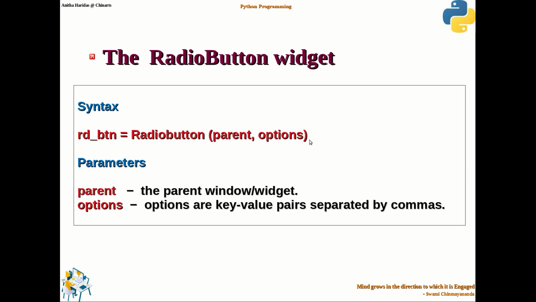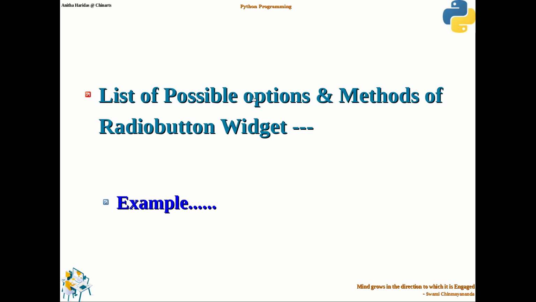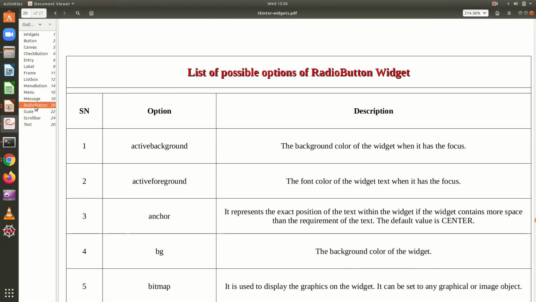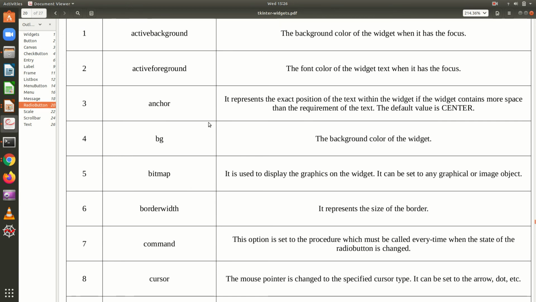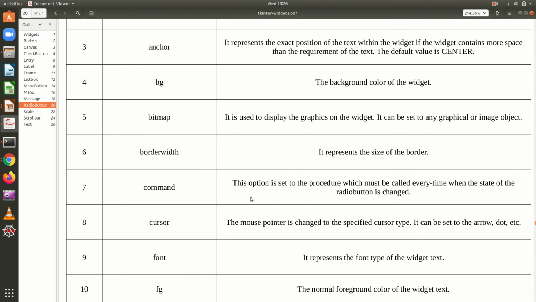So this is the syntax, the same syntax, and these are the possible options available. The same background, foreground, active background, active foreground, and if you want to have some images for the radio button, that can be set here.